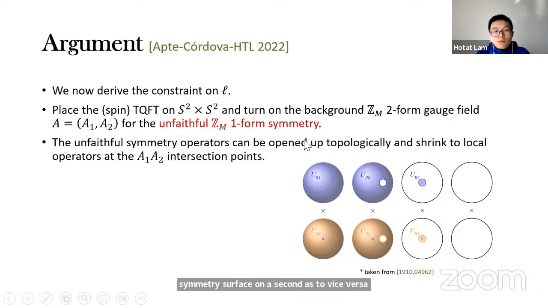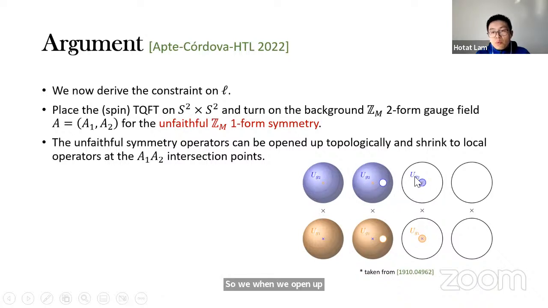Now I'm really going to use the property of the TQFT. Because it's an unfaithful symmetry, there exist some topological boundary conditions for this unfaithful symmetry, and then we can open up the symmetry operators. When we open up the symmetry operators, as I've drawn here, we can shrink them.